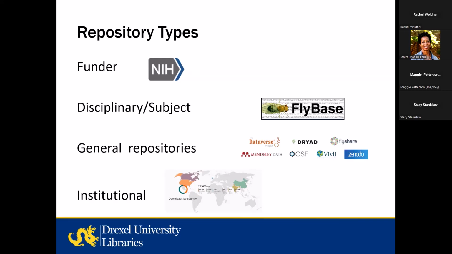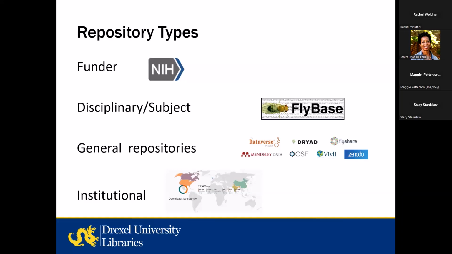Your discipline may have a repository that everybody in your discipline goes to for information on that topic. So, for example, FlyBase is the place for genetic data on fruit flies, if that's your area of research. There's also general repositories like Zenodo or Figshare, and they cover many fields of study because sometimes there just aren't disciplinary repositories that meet all your needs.